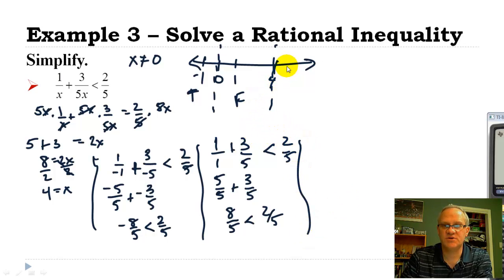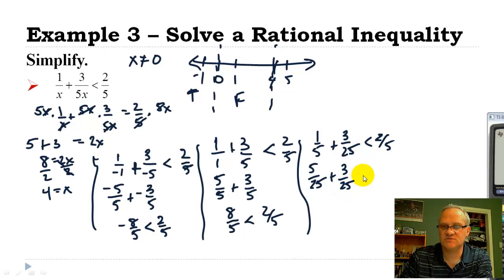And then lastly, let's pick something out here. We'll just try 5 maybe. See what happens there with 5. And so you've got 1 over 5 plus 3 over 25, less than 2/5. And remember, this would be 5 25ths plus 3 25ths, so 8 25ths. Actually, 5 25ths is the same thing as what?